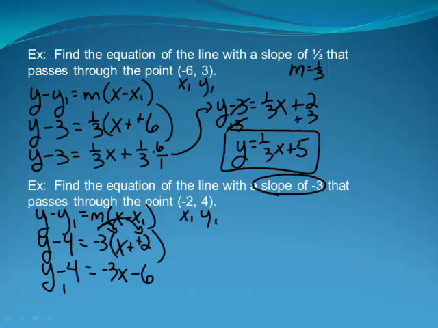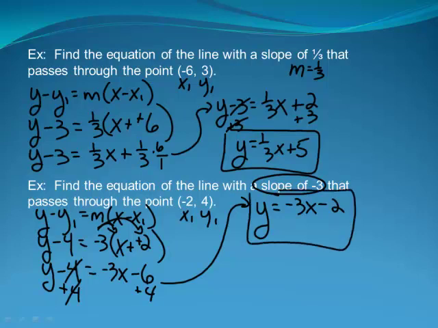And finally, if we add 4 to both sides and bring it up here, we have isolated our y on the left-hand side. And on our right-hand side, we have negative 3x and minus 6 and plus 4 leaves us with a negative 2. Y equals negative 3x minus 2.